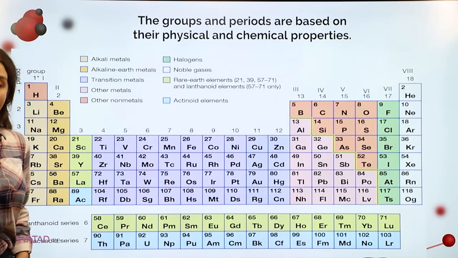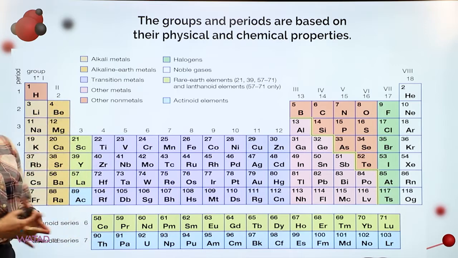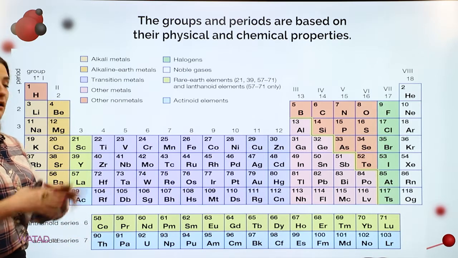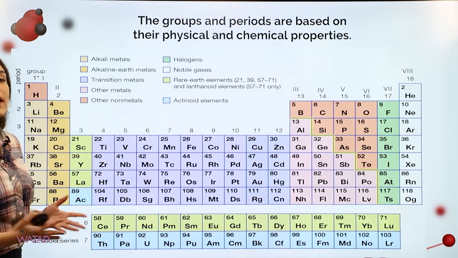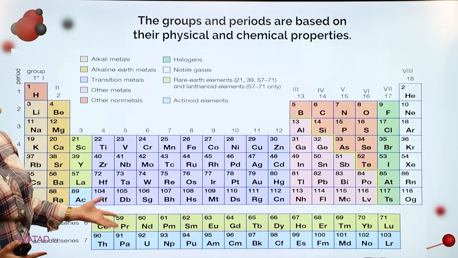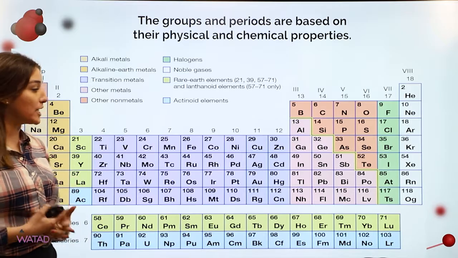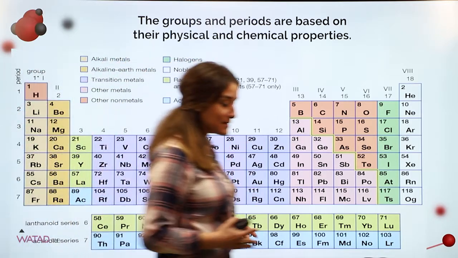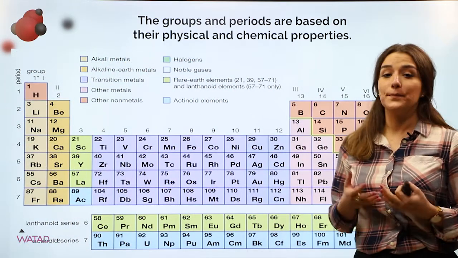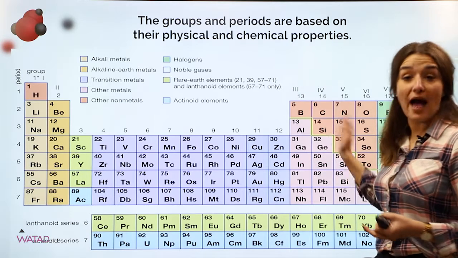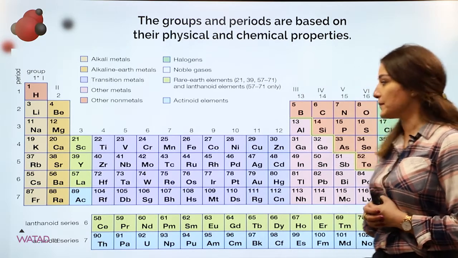So all these atoms and the elements of the atoms are organized in something we call the periodic table. I'm sure that you have seen the periodic table earlier. All these elements that we have here are each a type of atom.